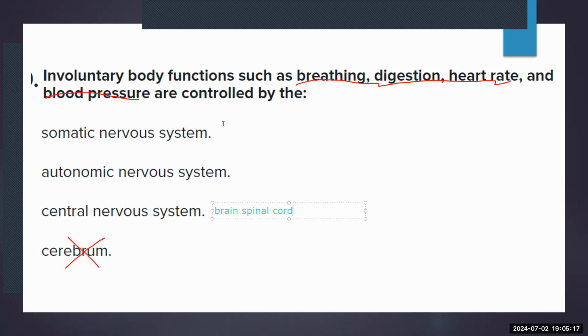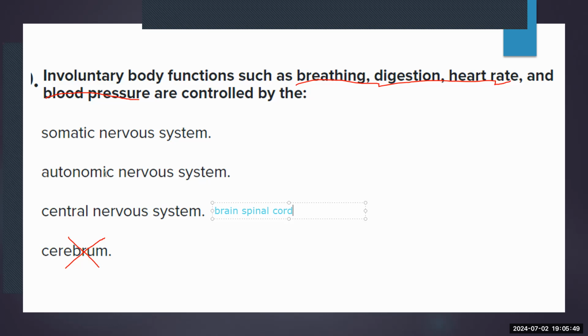All right. So what about the other two choices? We have somatic or autonomic. What does this word look like to you?